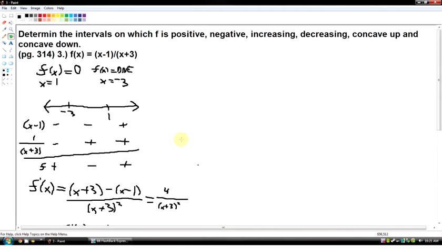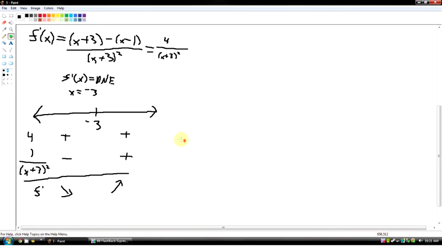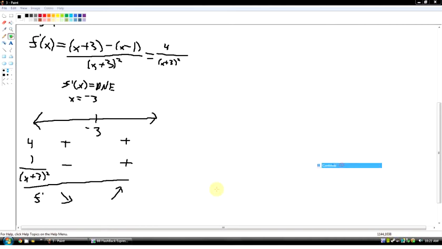Now we know where it's positive and negative and increasing, decreasing. Oh wait a minute, am I being mistaken? Okay, my bad.